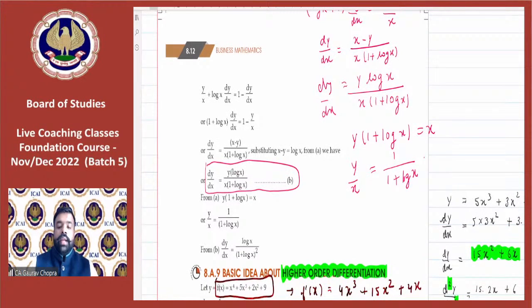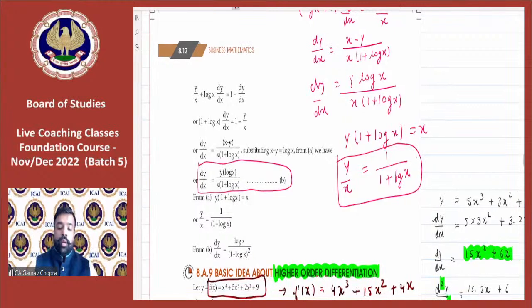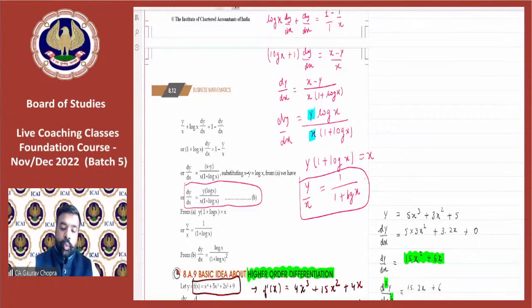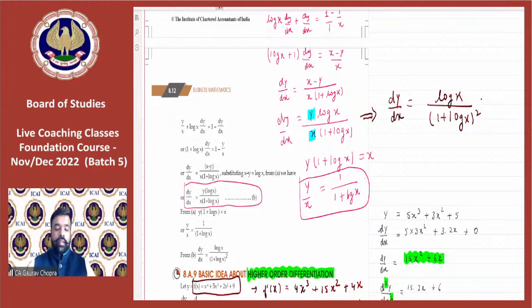So the value of y by x becomes 1 upon 1 plus log x. And here we can substitute, this is y and this is x. So it will become dy by dx is equal to log x divided by 1 plus log x whole square. So this is a bit of a lengthy question. Normally it doesn't come, but yes, sometimes it may come.